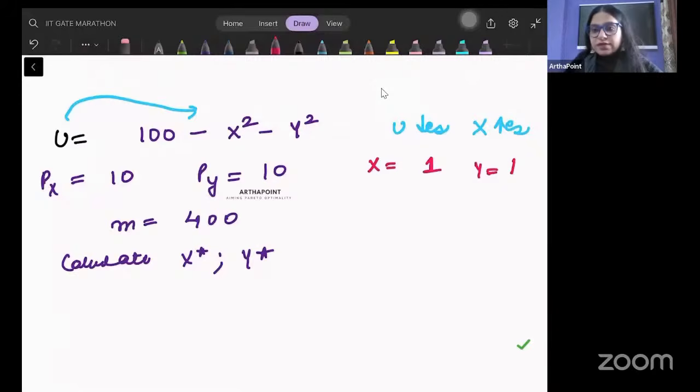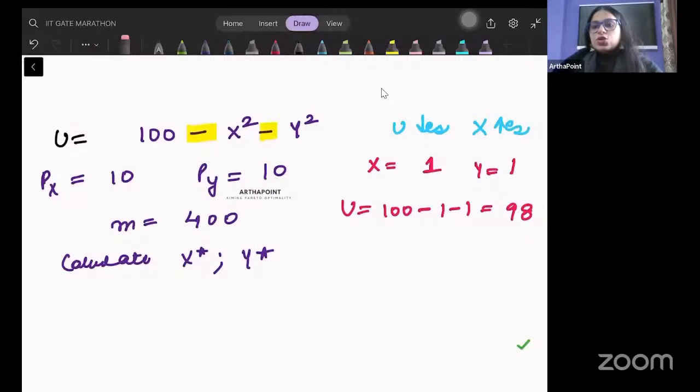So if x is 1 and y is 1, then u will be 100 minus 1 minus 1. That means 98. This negative sign is representing that x and y are bad goods.